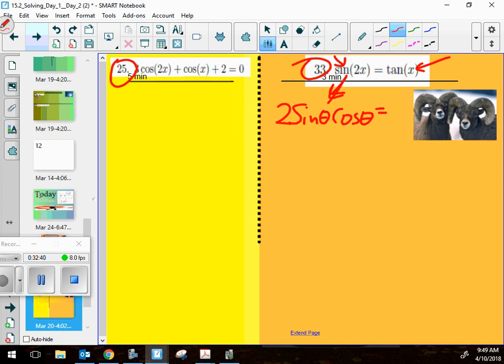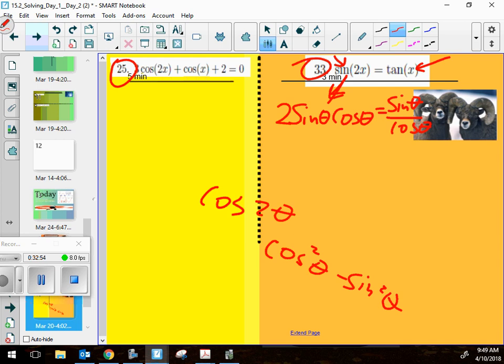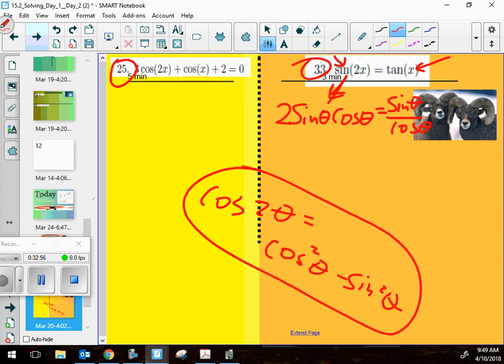Equals, and then tangent is really sine over cosine. The other one you have to know, cosine of 2 theta is cosine squared minus sine squared. Those are the 2 that I'm reminding you were on the sheet, and I did say were probably worth memorizing, but it's easy to forget them because it's been a month at least since we've learned that stuff. Especially, yeah, it's been a long time.